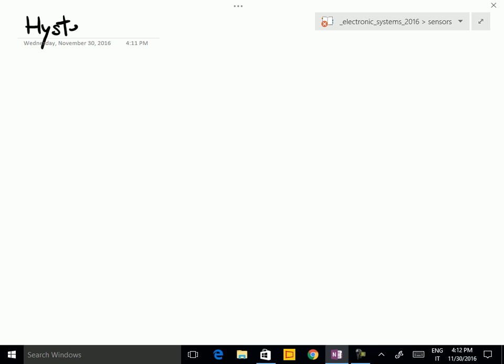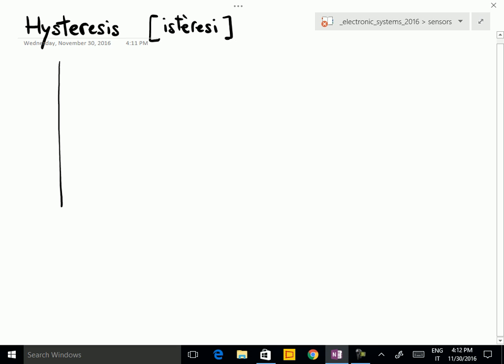Another quantity is the hysteresis. In Italian it is called hysteresi, with an accent on the first E. The hysteresis takes into account the fact that sometimes the transfer function is different when the stimulus increases with respect to when the stimulus decreases.